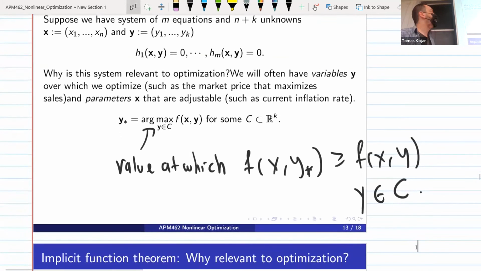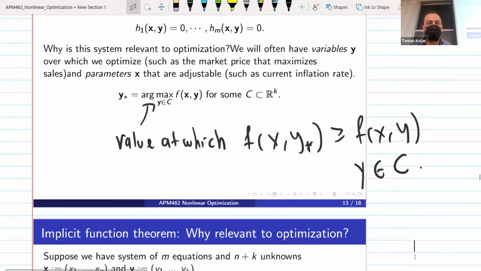Good. But now, what's the problem? The problem is y star is a function of x, right? x is fixed. Let me write it here. y star depends on x. So as you vary x, you change the minimizer or the maximizer. You want to know how this depends on x.